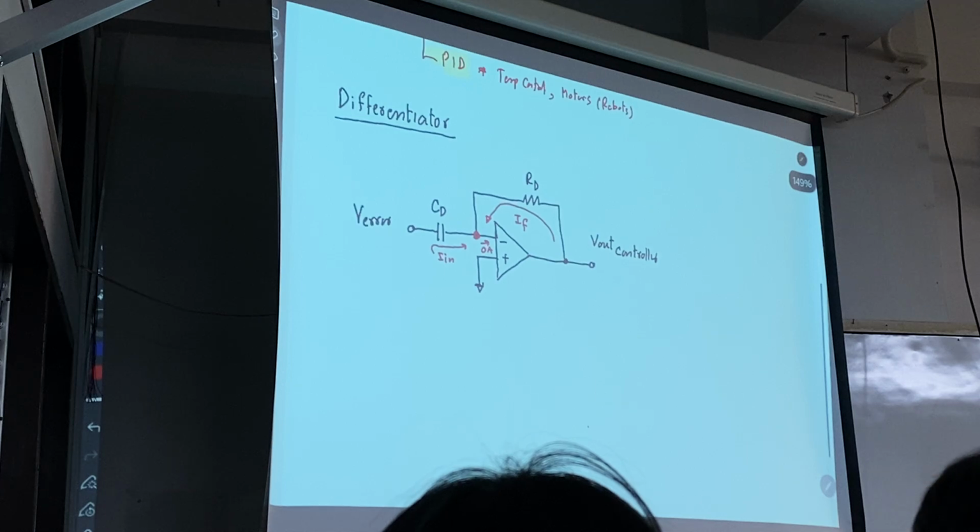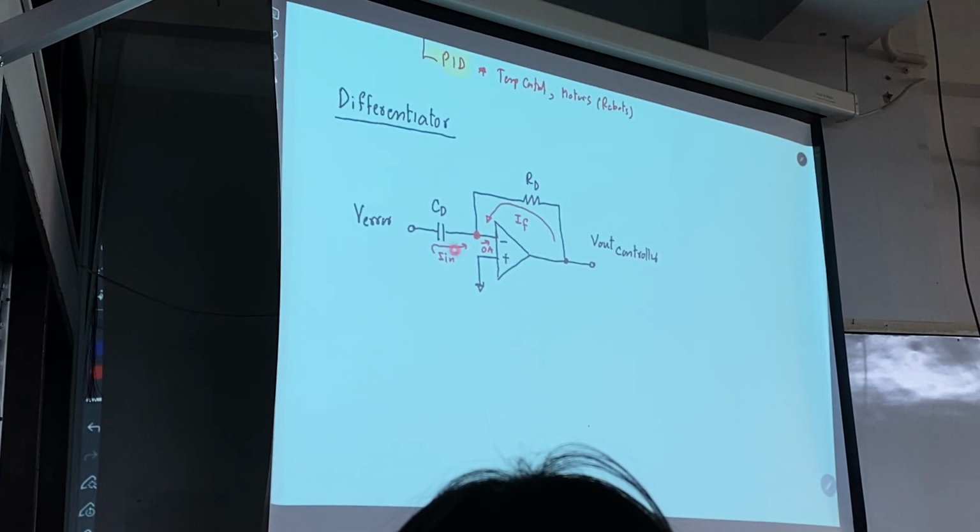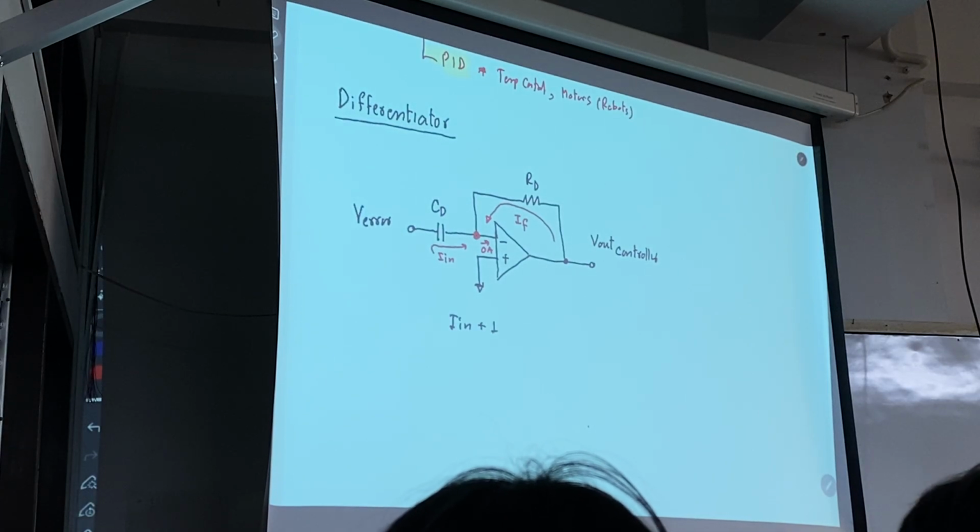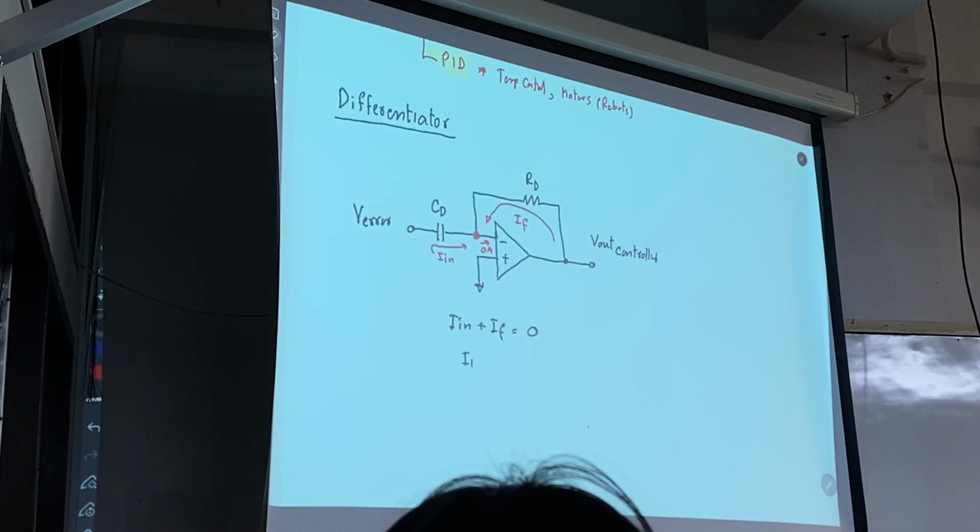We will start to solve the equations from this point. By Kirchhoff's law, IF plus IN is equal to 0 amp. So if I move IF to the other side of the equation, I get IN equal to minus IF.